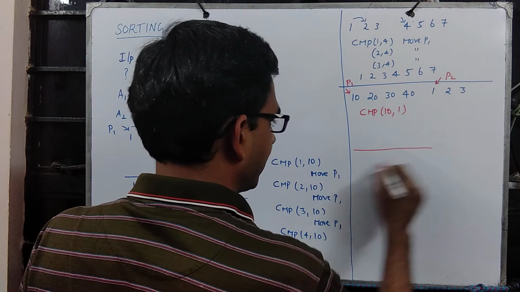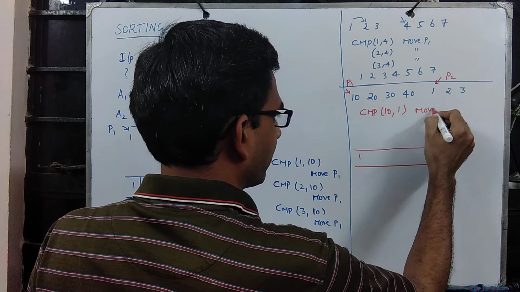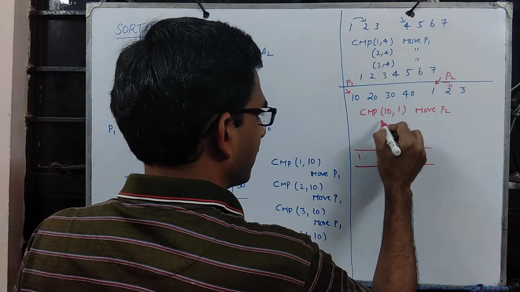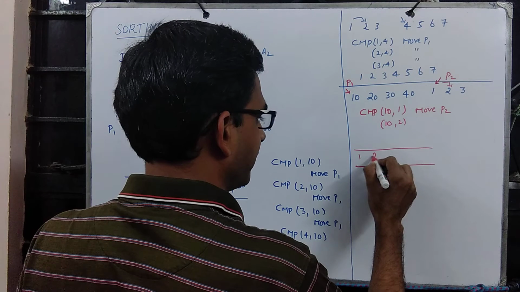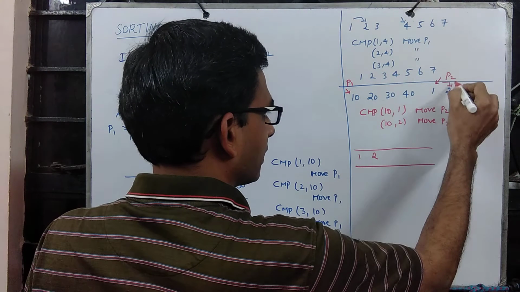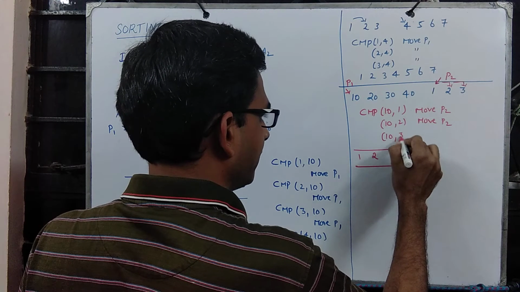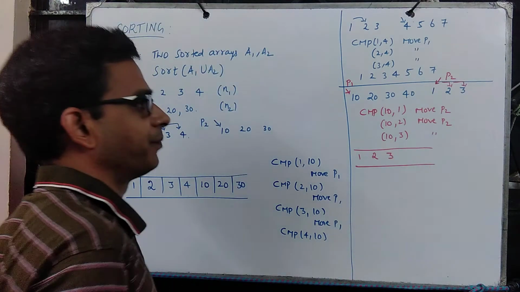So in the output array, you place 1 and move P2. Now P2 is pointing to this. We are comparing 10 and 2. Place the minimum over here. Move P2. Then compare 10 and 3. Again move P2 and place the minimum over here.